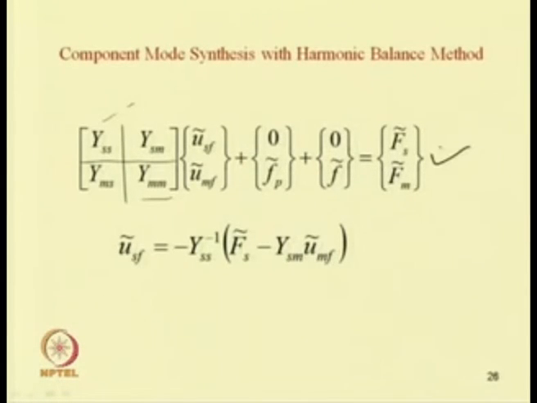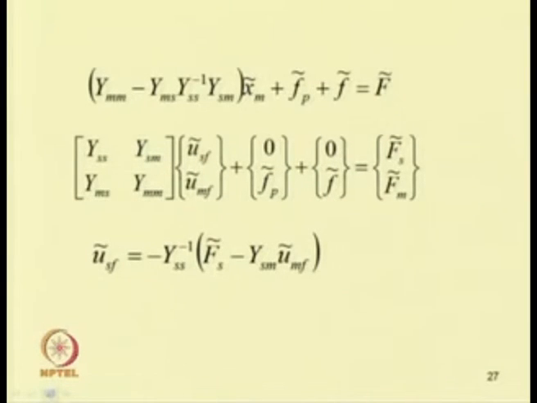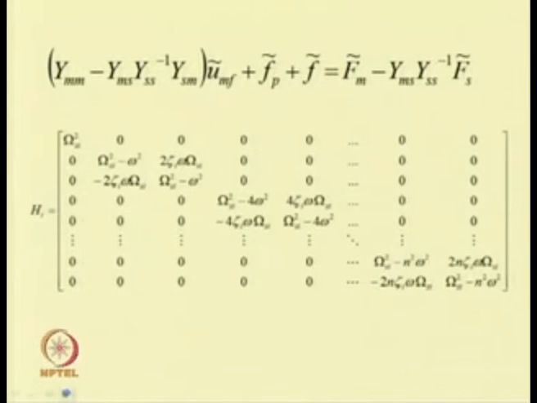After getting these equations, we can use the harmonic balance method, and we can find this equation, where H I can be retained in this form, which contains this term B I, which can be obtained from this equation, where these are the terms.